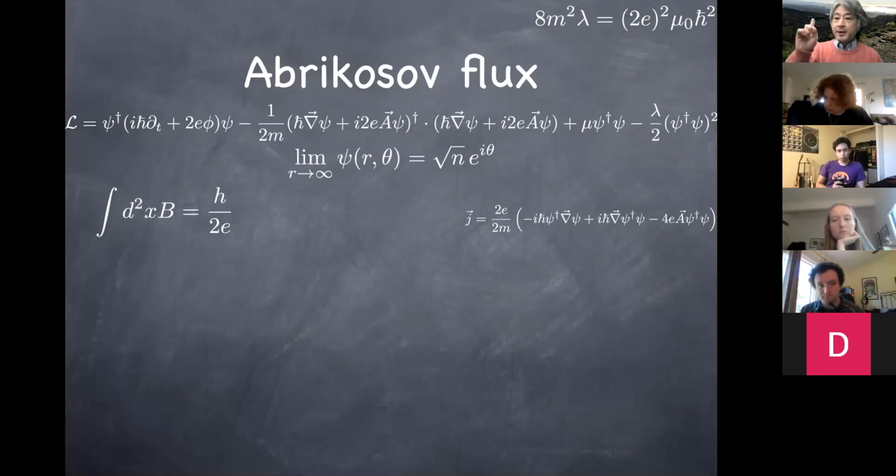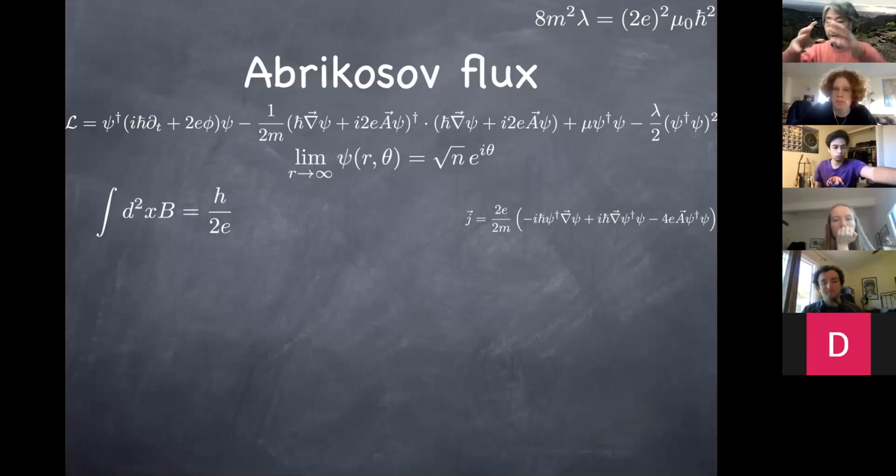Psi at spatial infinity goes around once in its phase. Then the derivative should be compensated by the vector potential in this azimuthal direction. And what we discovered is that in that case, the total magnetic flux is quantized in the unit of h/2e, which can now happen without a hole.